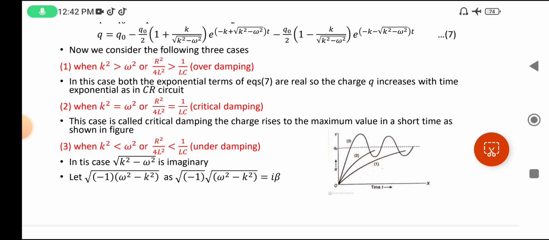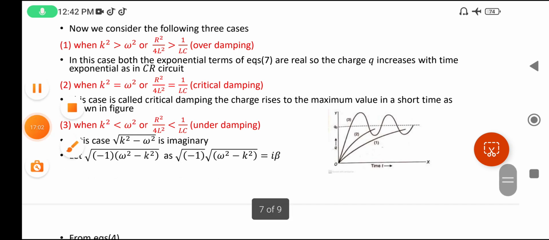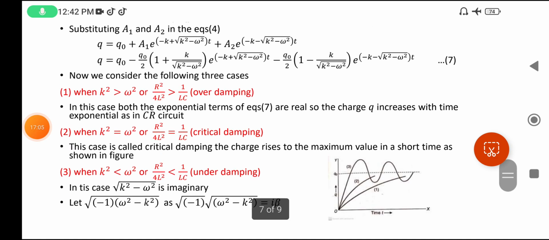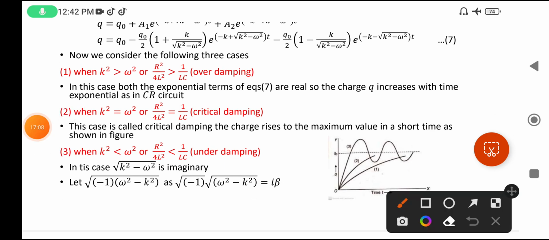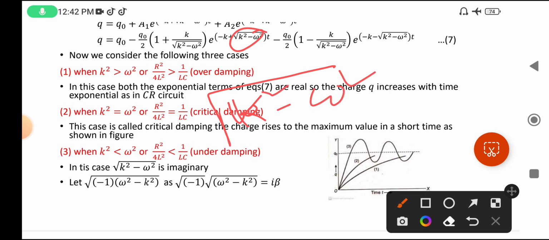This case is called over damping. Friends, it is called over damping. So when k square is greater, take outside the root of k square minus omega square. When the k value is very high, it is a positive term, and the other is lower, a negative term.